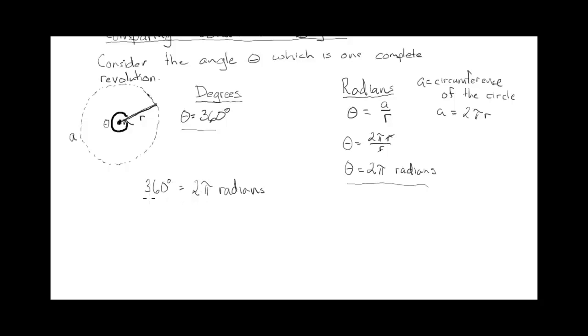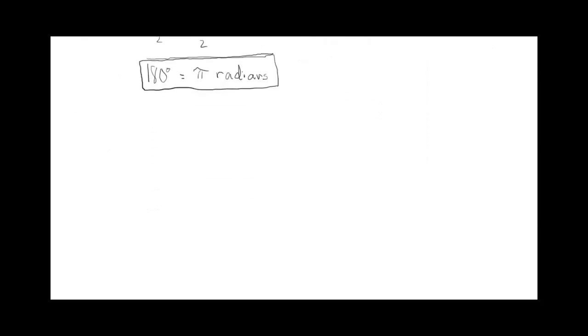Notice both sides of this equation are divisible by 2. So if we divide both sides by 2, then we have 180 degrees, which is half a rotation, is equal to pi radians. So it turns out pi radians, or about 3.14159, is half a revolution.